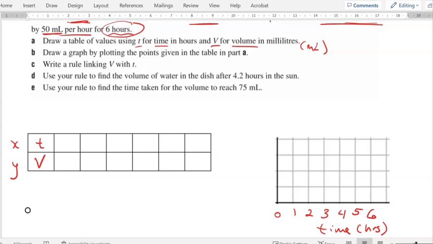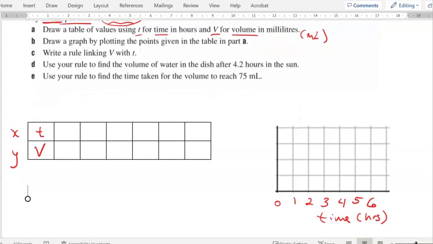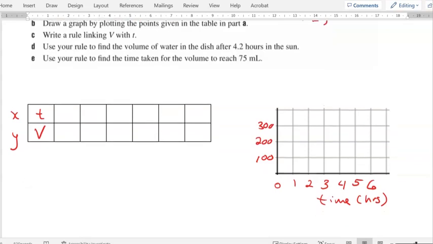We have to think of this in advance. We're going to go up to 300. So we could do it by hundreds: 100, 200, 300. You could do it by 50s, but you just need a bit of a bigger chart. And that's the volume in milliliters.